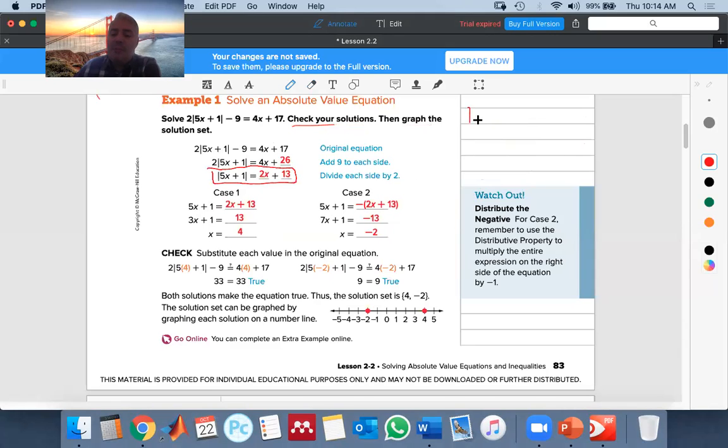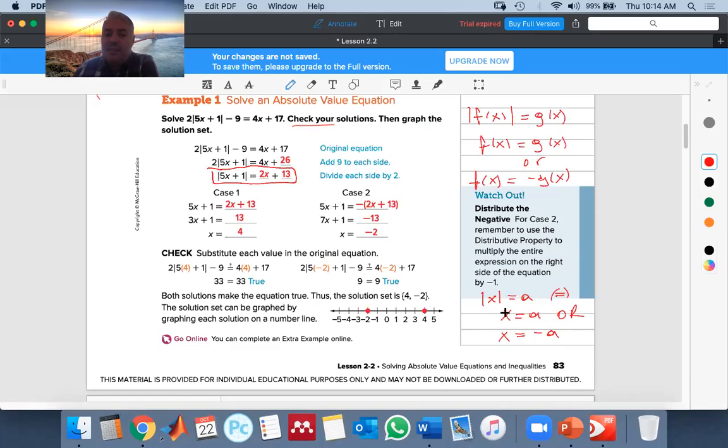Remember I have given to you that absolute value of f of x equals g of x means f of x equals g of x or f of x equals negative g of x. Or simply, maybe this is also better for you: if absolute value of x is equal to a, there are two cases, x is equal to a or x is equal to negative a.